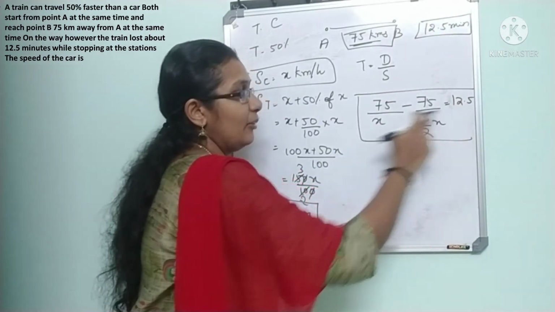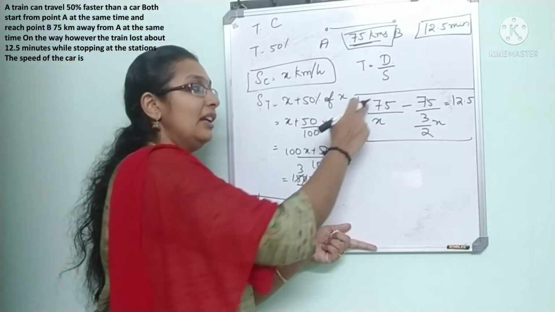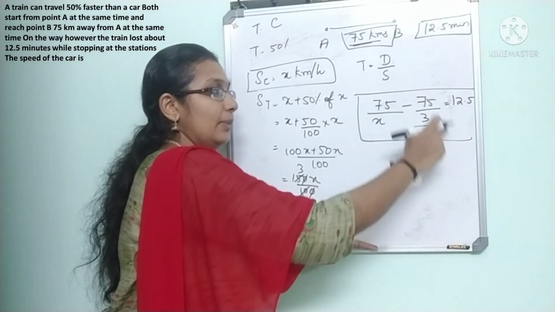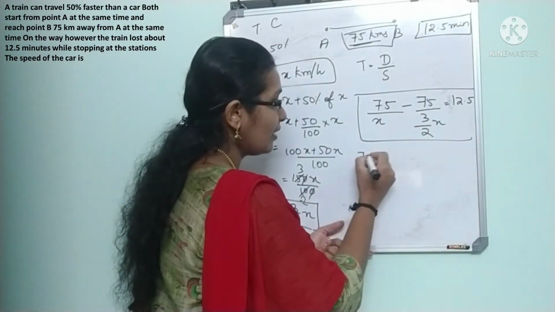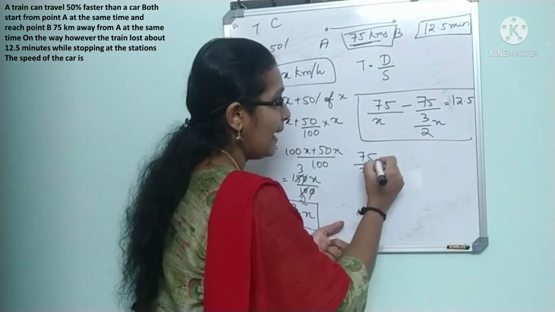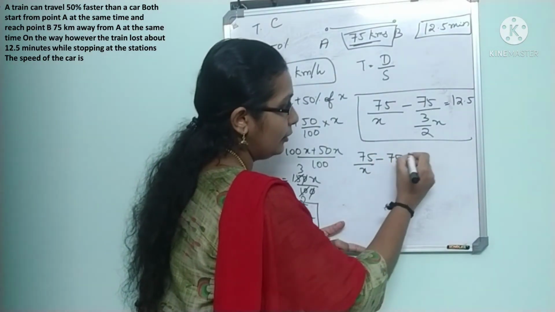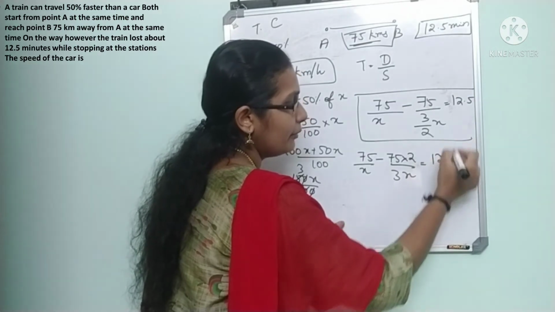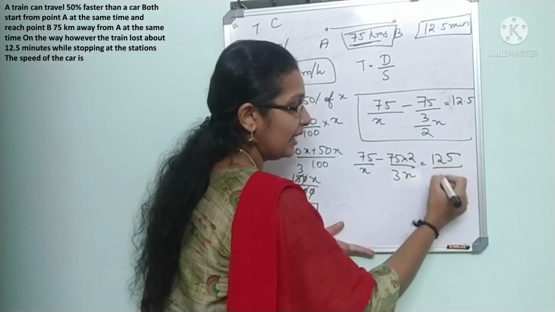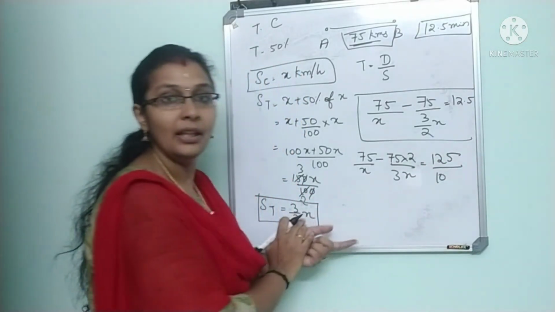Okay, right hand side is timing. So on the left hand side, how will you find time? Distance by speed, minus distance by speed. Clear? Now 75 by x minus 75 into 2 by 3 into x is equal to 12.5. In order to remove the decimal, I am multiplying and dividing by 10.